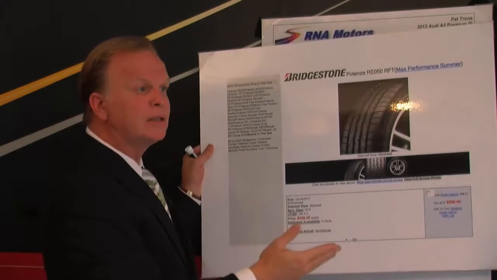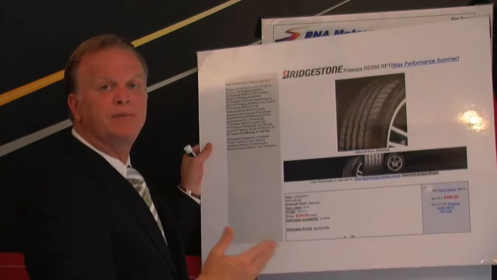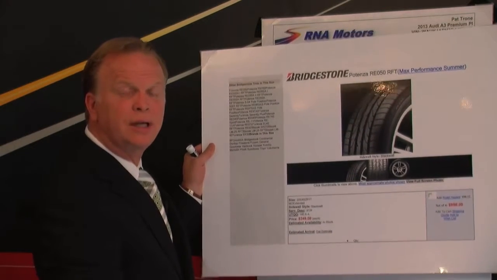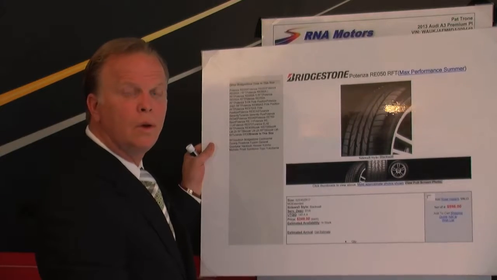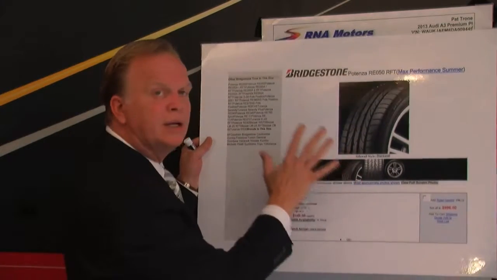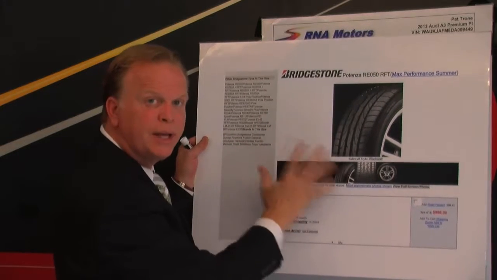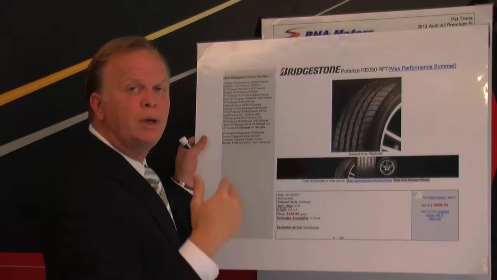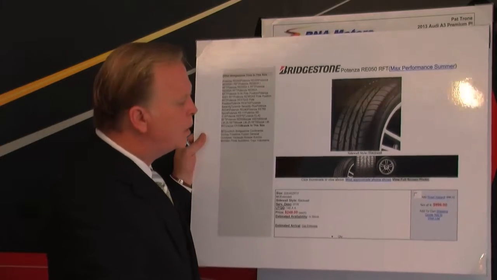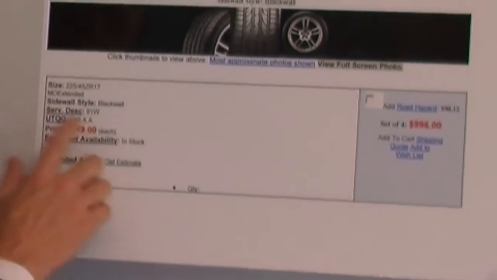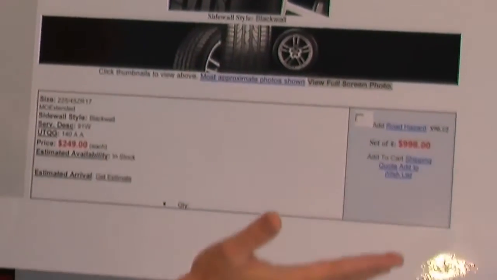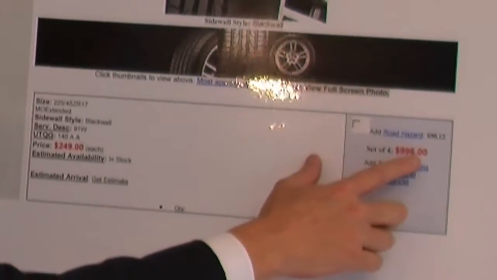Now, if you were to ask a customer, what do you think tires are going to be for your Mustang? I guarantee you he's going to say $400. Well, if you go in with something that is recognized by the public as being honest information, it helps you close your deal. So as you can see here, original equipment Bridgestone Potenzas are $996.